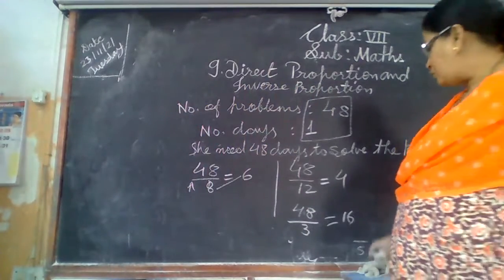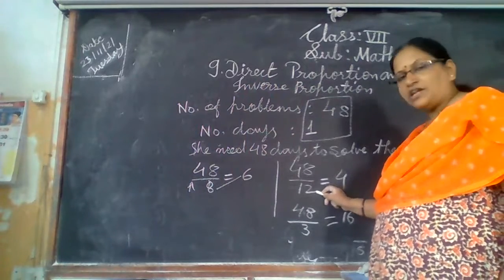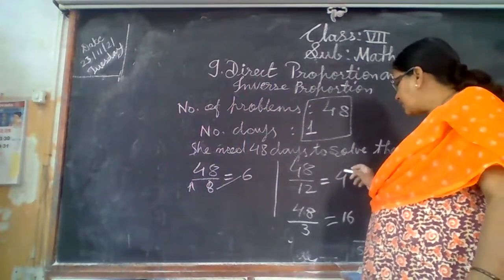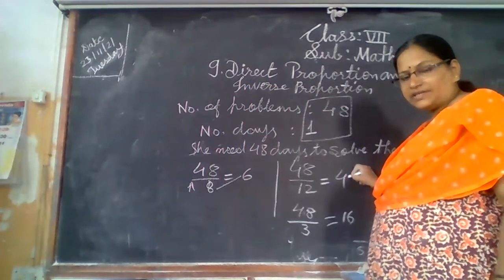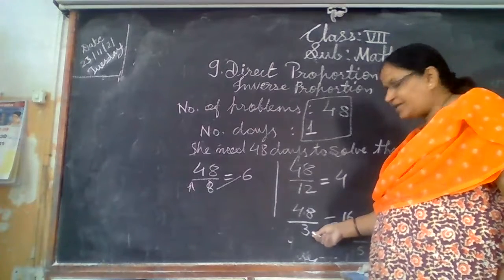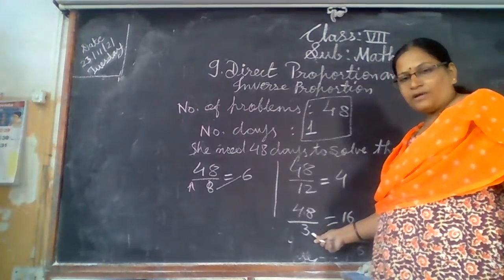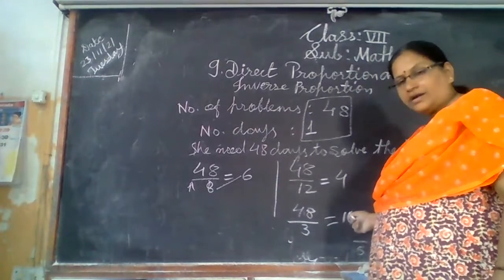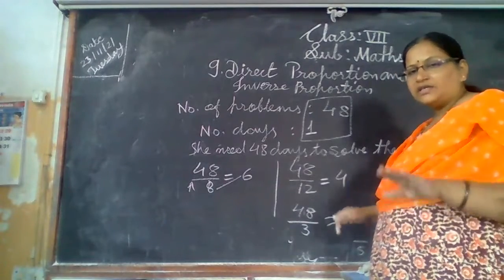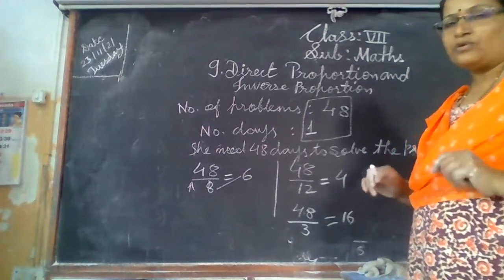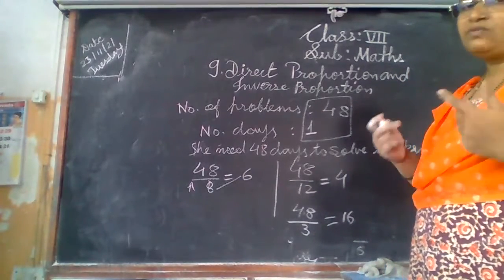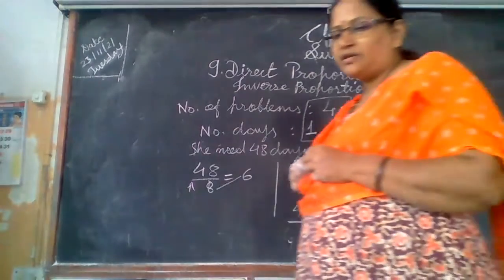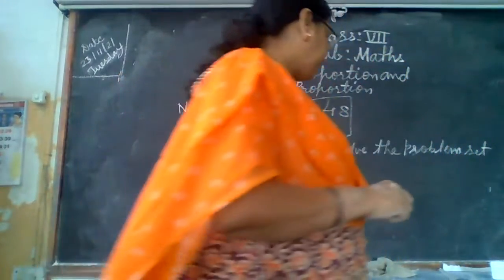So here, if you increase the number of problems, the number of days decreases. If you decrease the number of problems, the days increase. So we have seen these two opposite things. It is what, beta? Inverse proportion.